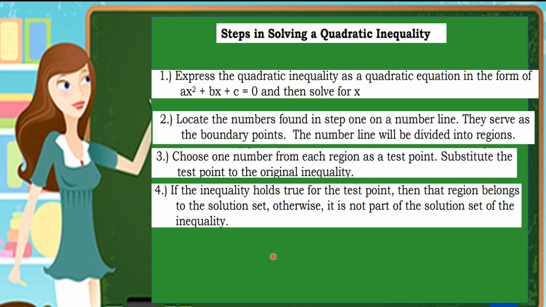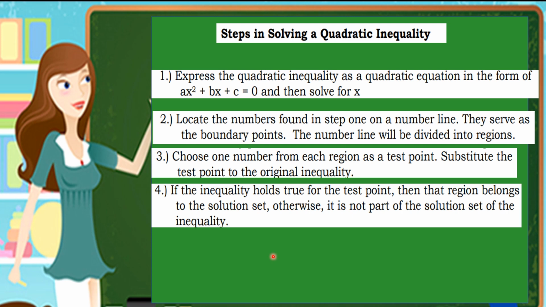Anong ibig sabihin nun? So, kung nakapili na tayo doon sa portion ng left, right, at middle, nung points na yon, i-substitute natin siya sa given inequality. At kapag siya ay nag-true, therefore, the region is the solution set of the given inequality.